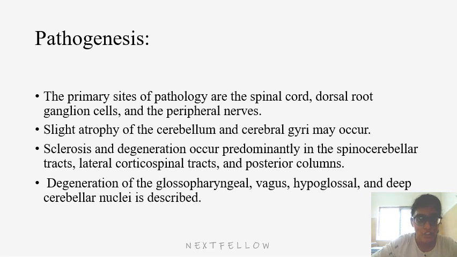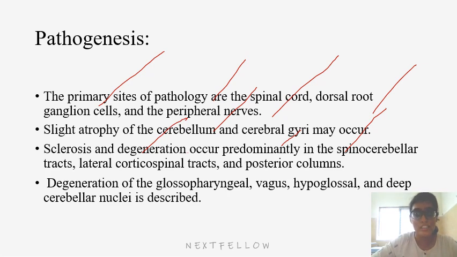Now coming to the pathogenesis, the primary sites of pathology are the spinal cord, dorsal root ganglion, and the peripheral nerves. Slight atrophy of the cerebellum and cerebral gyri can occur. Sclerosis and degeneration occur predominantly in the spinocerebellar tracts, lateral corticospinal tract, and posterior column.